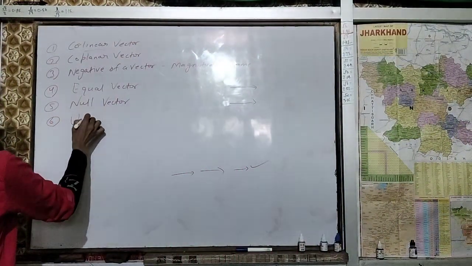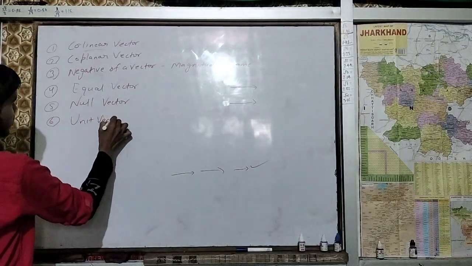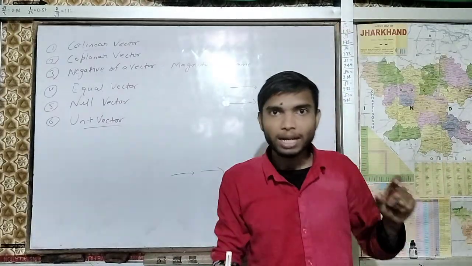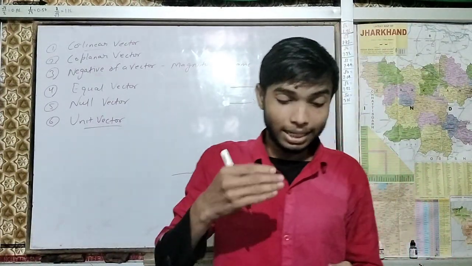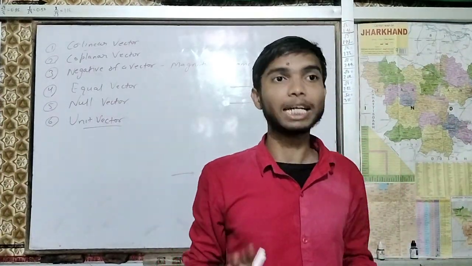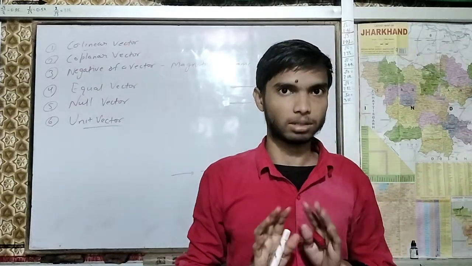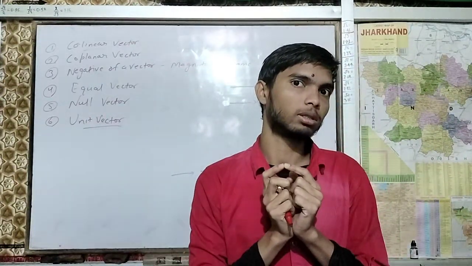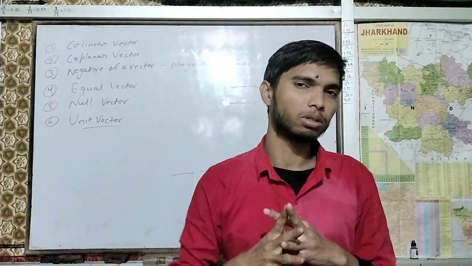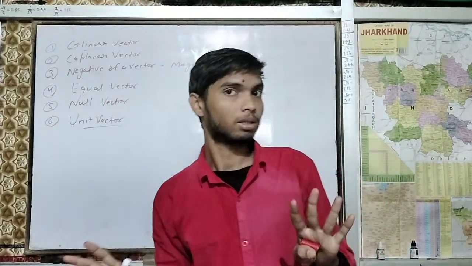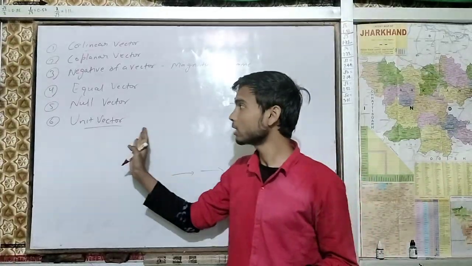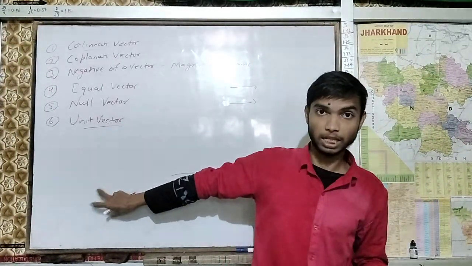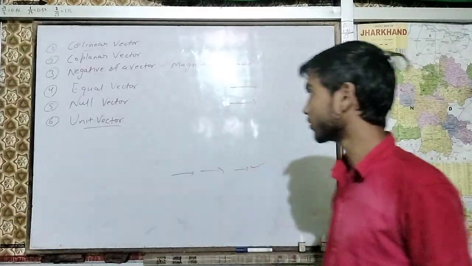Next we have the unit vector, which I have explained. It has only one magnitude and it is used especially for direction. I have explained more about this unit vector in the previous part, remember.